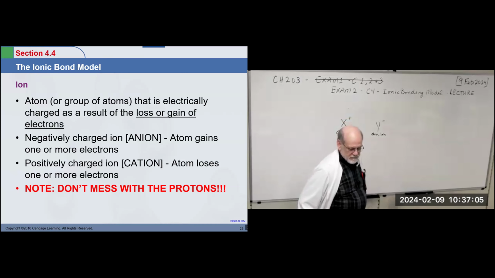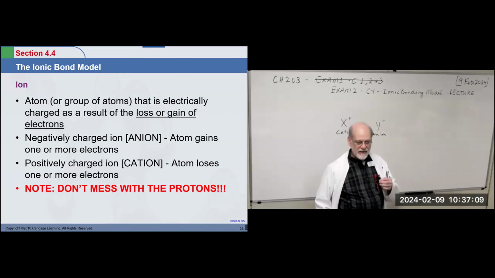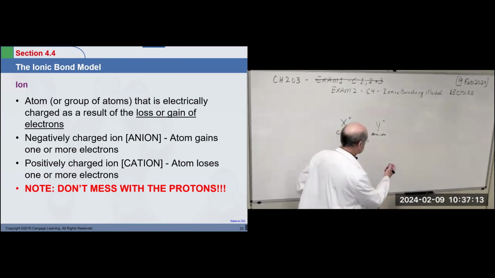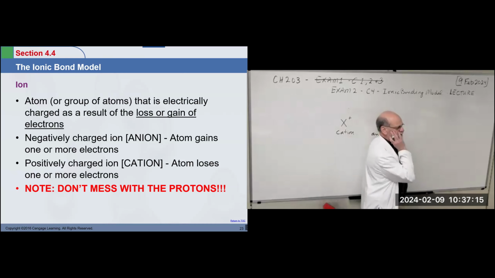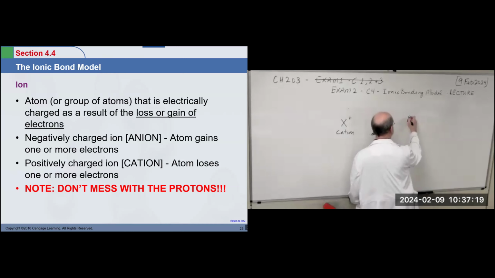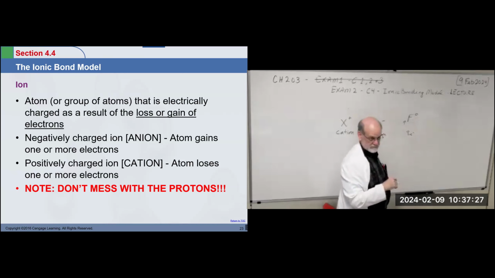So the point of that is that if you're going to form an ion, you have to do it by either adding electrons or subtracting electrons. For carbon, let's use something else. Let's use fluorine. Fluorine has an atomic number of 9. That means it has 9 electrons as long as it's neutral. But fluorine is one of those that likes to gain an electron to make its octet.